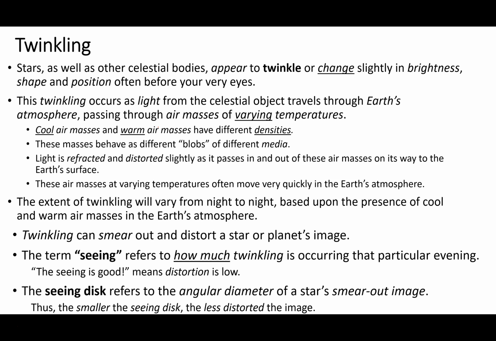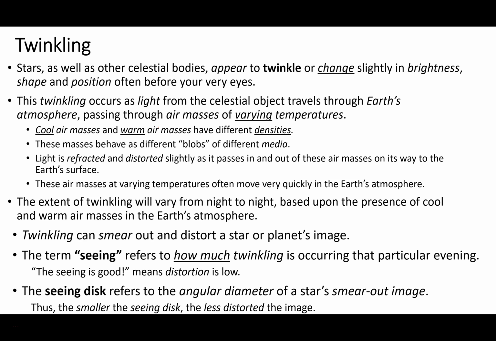The twinkling effect: if you're using a telescope on the Earth's surface, you're always going to have the potential for what we call a twinkling effect. Twinkling is caused by warm air and cool air moving in blobs at upper elevations, alternating warm, cool, warm, cool.